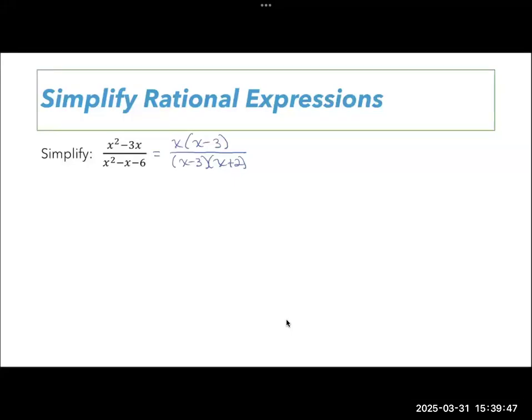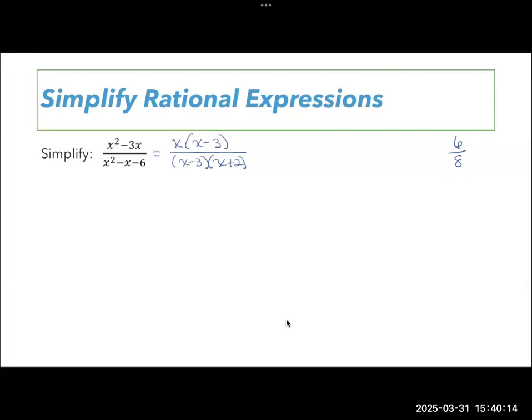The reason we do this is just like with a fraction. If I have a fraction like 6/8, let's say, we can simplify this very simple form of rational expression by dividing the numerator and the denominator by a common factor.